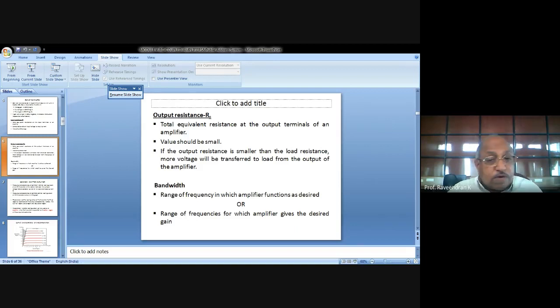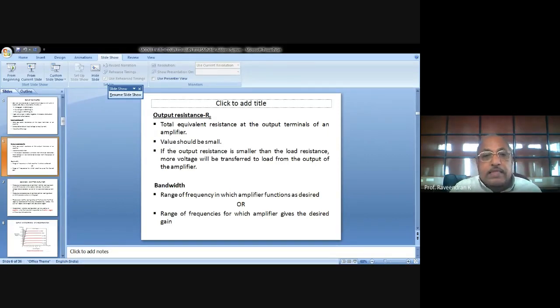There is no change of frequency, but the amplitude of the signal is increased much. So this coupling between the multi-stages is done through a resistance capacitance network. That is why the coupling capacitor makes this amplifier known as an RC coupled amplifier. Okay, that is RC coupled amplifier.